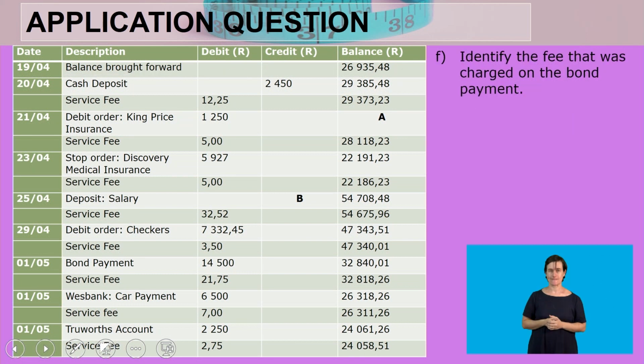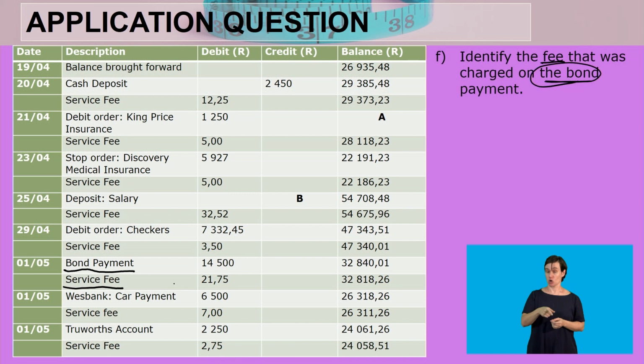Then number F: identify the fee that was charged on the bond payment. You go to your statement, carefully study it, and check where it indicates the bond fee. We have the bond payment, and below the bond payment there's a service fee that was charged.